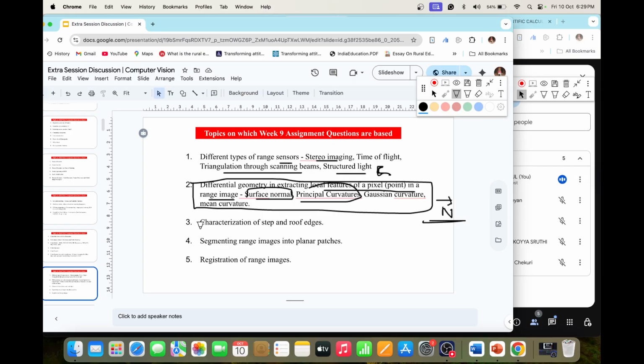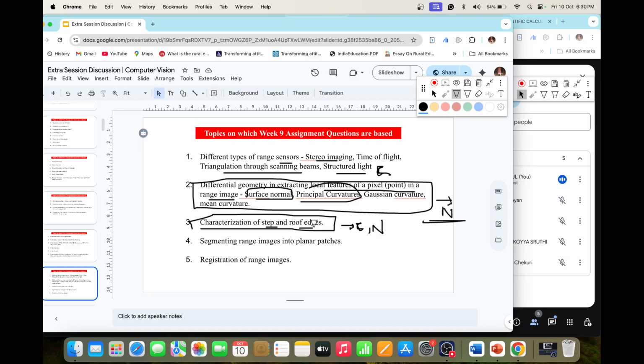Then there is characterization of step and roof edges, both conceptually and from a numerical point of view. Again, I have given you both definitions as well as examples, including example questions, so please go through it. Here, edge is like in a color image, where you calculate the edge by a differential operation.